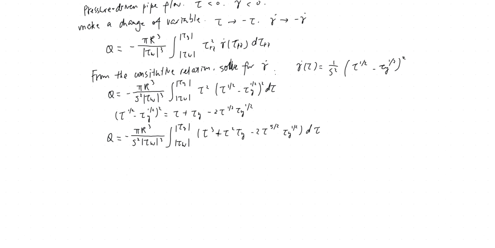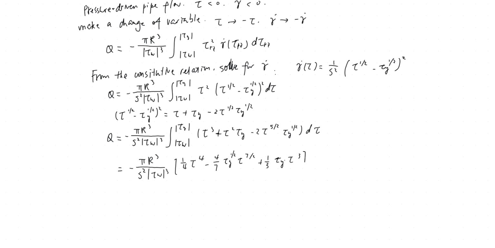So you will have the integration term by term: 1/4 to the power of 4, minus 4/7 to the power of 7/4, plus 1/3 multiplied by tau cubed.